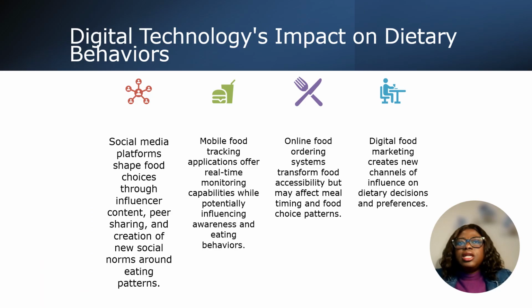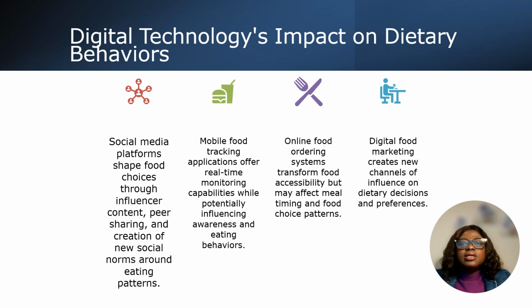Okay, so let's talk a little bit about how digital technology is impacting dietary behavior. Just a quick summary here. As we all know, social media has become very popular and most people are turning to social media platforms to read a lot about nutrition and to search for information about recipes.